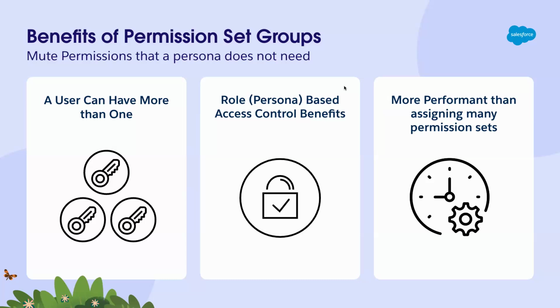There's a lot of benefits. Permission set groups really represent what we consider RBAC, which is role-based access control. And there's a lot of benefits from operating that way rather than just having these little sets of access assigned to users. Also, there's a status field on permission set groups, and that actually does the access calculation for you.